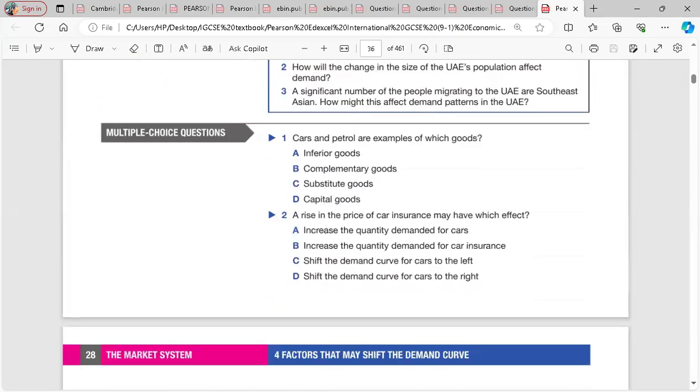The multiple choice question. Cars and petrol are examples of which goods? Complementary goods, yes. A rise in the price of car insurance may have which effect?